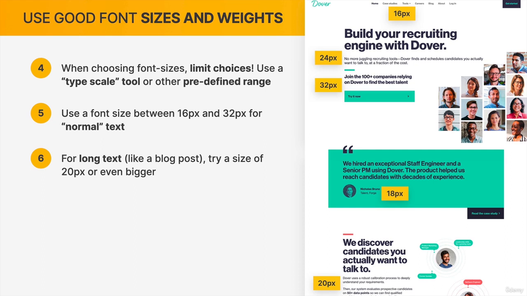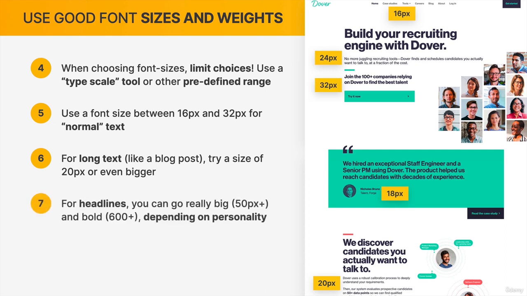But anyway, for big headlines, you can actually go really big with your font sizes, like even more than 50 pixels, and you can also make them really bold, like more than 600. And we didn't learn about these bold values yet, but we will, maybe in the next lecture or maybe in our big course project.